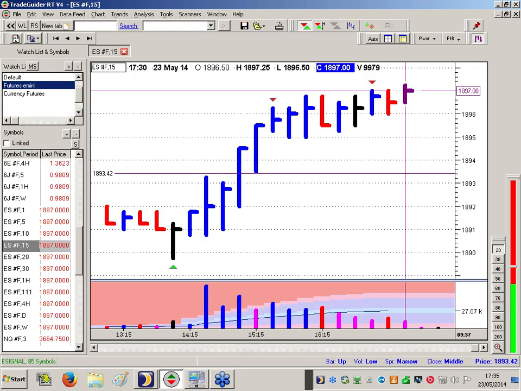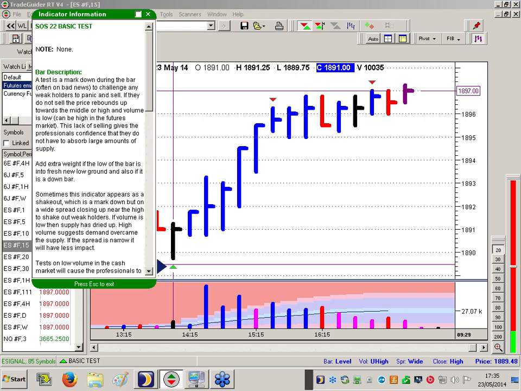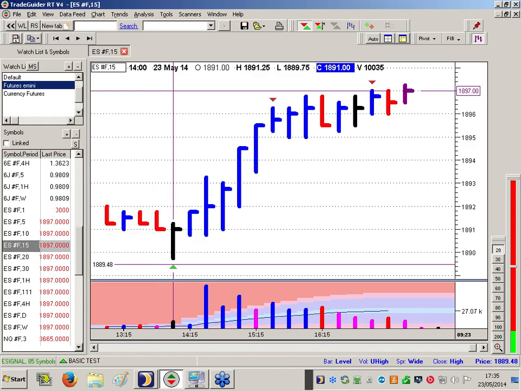Here, look, shakeout. That's a beaut too. Well, it calls it a basic test. Yes. Well, it's more than a test. That's a springboard. That's a shakeout after a sideways movement. Next bar's up. Okay. That's why we've got this move.